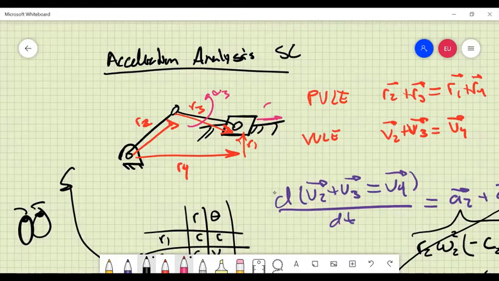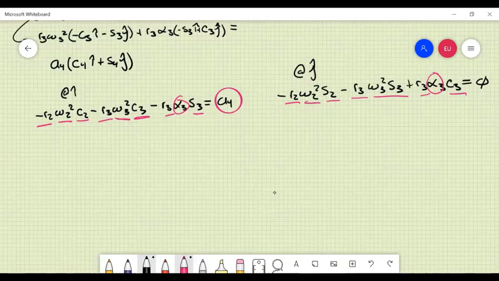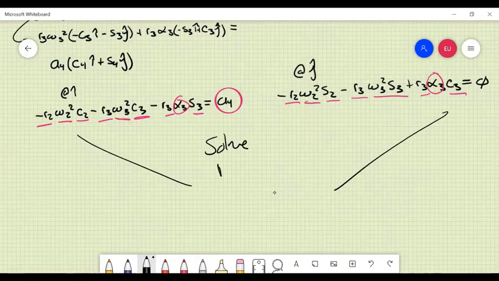But here. Okay, now I solve the system of equations. So you need to solve that. Solve for alpha 3 and linear acceleration A4.